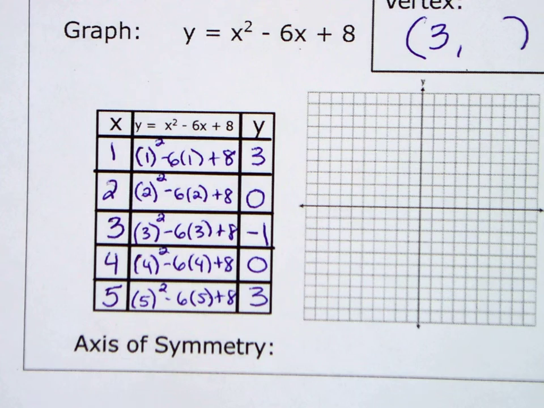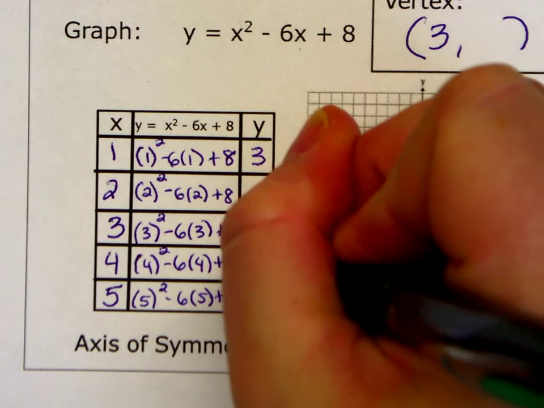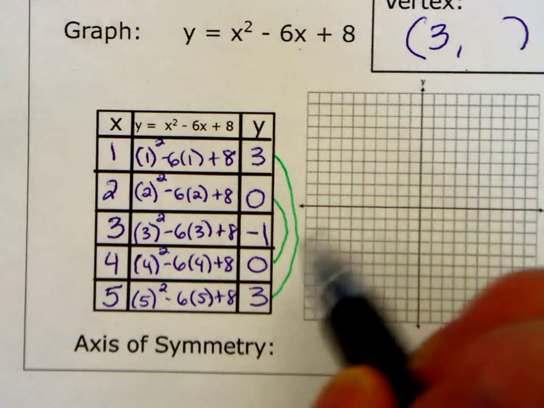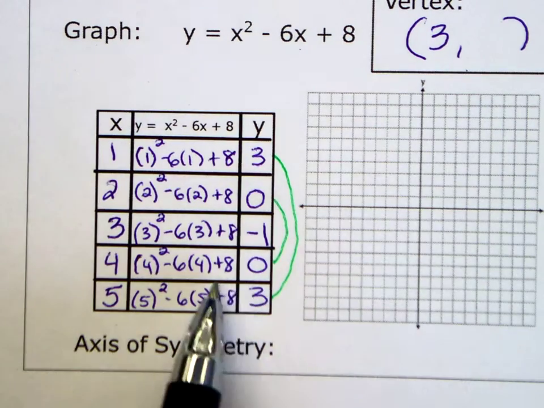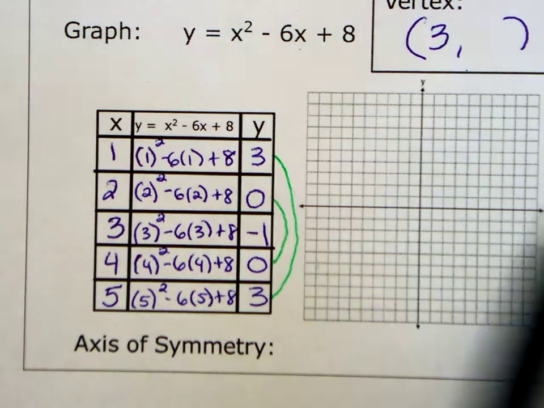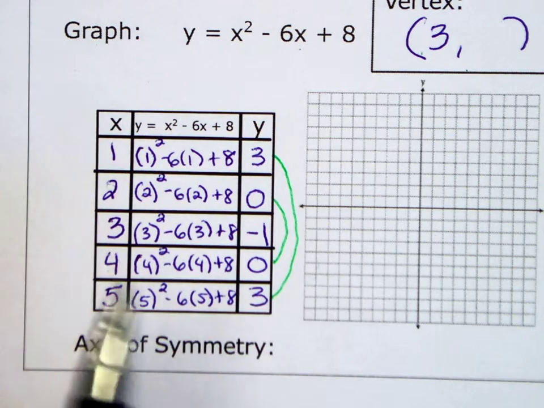Look at the repetition: 0, 0, 3, 3. That should happen, because then you know you plugged in right. If this doesn't happen, either you found your vertex wrong or you plugged in wrong. This is really important.